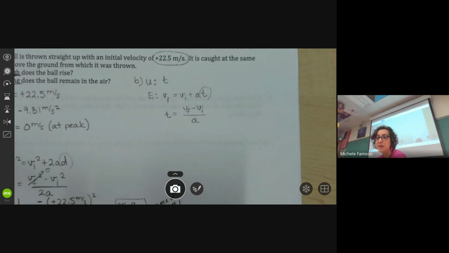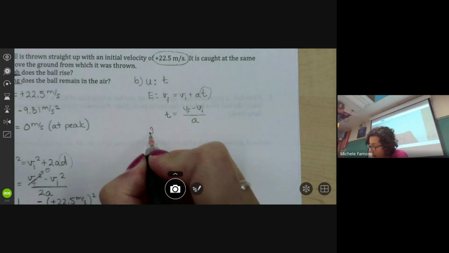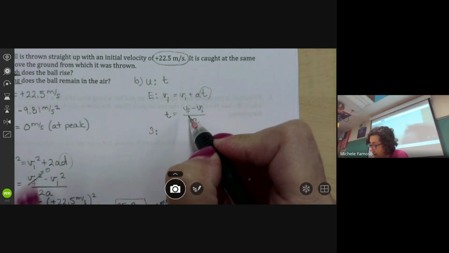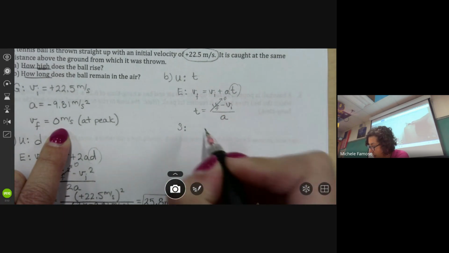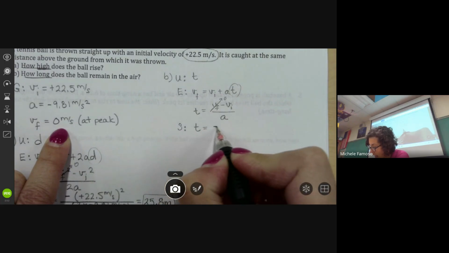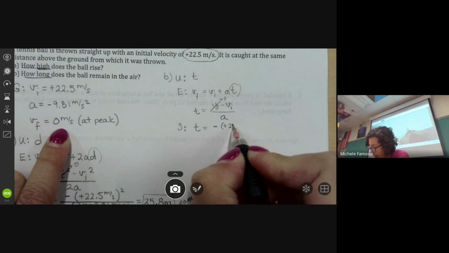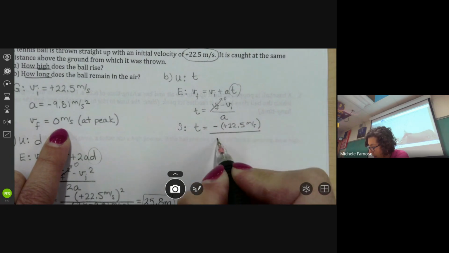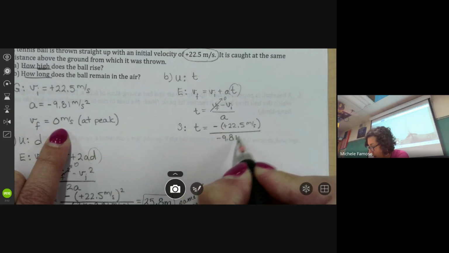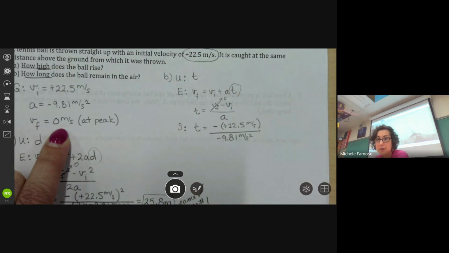You get VF minus VI over A. So let's go ahead and do our substitution with units. In this case, the VF we had was 0. So that can drop out. So we're going to have negative positive 22.5 meters per second divided by negative 9.81 meters per second squared.